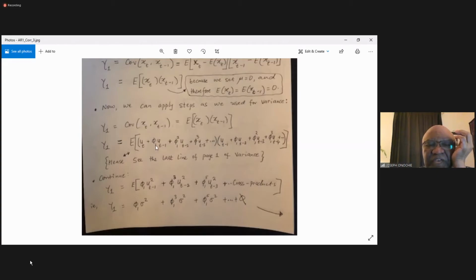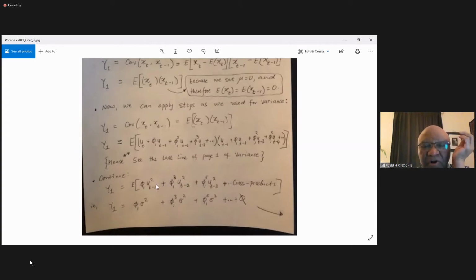So it will be phi 1 ut minus 1 squared. That's this one. When I multiply this by this one, it will be phi 1 squared and phi 1, that's phi 1 to the power 3. And ut minus 2 and ut minus 2 is ut minus 2 squared.